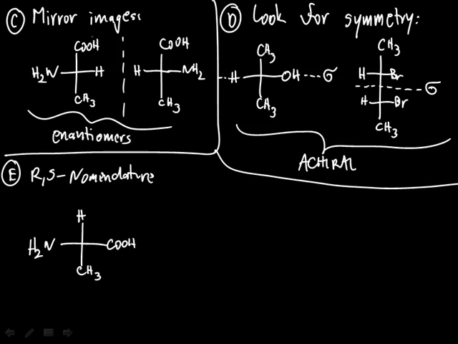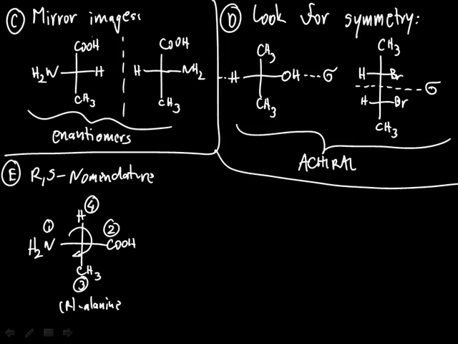Okay? In this case, this is substituent number 1, this will be 2, this will be 3, and this will be 4. And hydrogen is on the top, which means that the vertical lines are dashes, so they point backwards. So we already have our substituent 4 pointing backwards, and so we can just simply look at 1, 2, and 3, and in doing so we see that this is an R enantiomer of alanine.